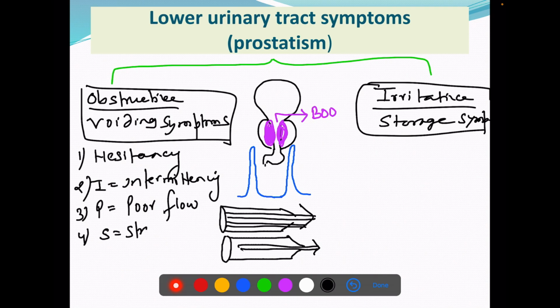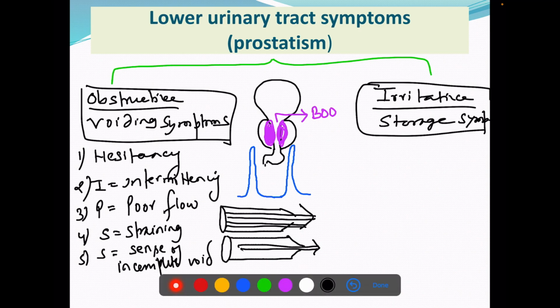Straining. Straining means the patient will start to contract lower abdominal muscles. They gain some good urinary flow. So this is known as straining. Sense of incomplete void.